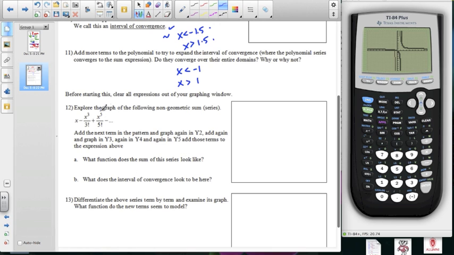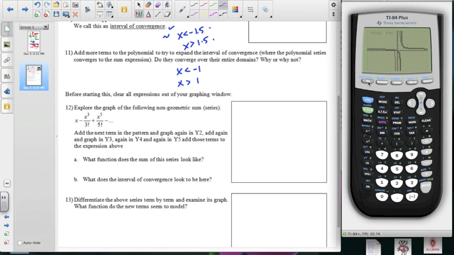This is just a little bit of an exploratory exercise here. We'll clear out all of this stuff. If we take a look at this expression, we have x minus x cubed divided by 3 factorial. The factorial is underneath math under probability, so we do have a factorial function there.